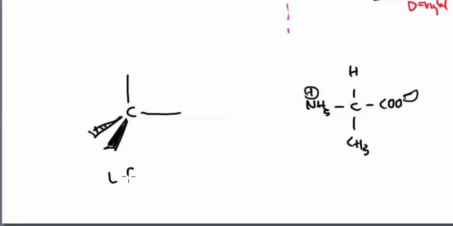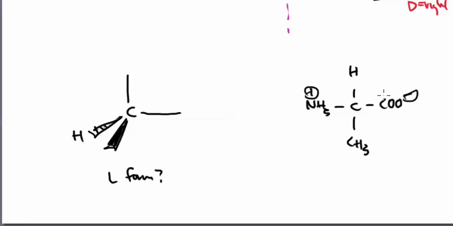So how do I do the L form? Well, if I'm given a choice on how to draw it, you do it just like you've always done it. This hydrogen is the lowest priority group, and hopefully that hydrogen will be on the back end of the molecule. It points away from you and your point of perspective, which is why it's called perspective formula. Okay, what's my highest priority group here?